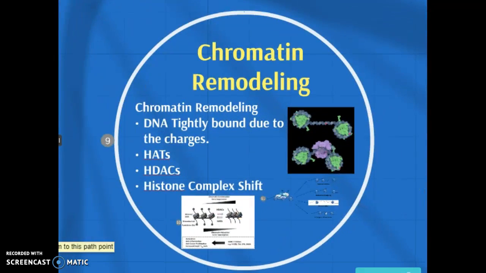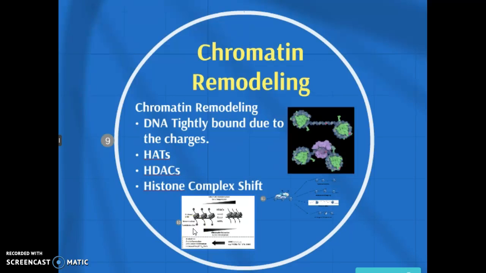Now we can discuss chromatin remodeling. We already are aware that DNA is tightly bound due to the charges found on the histones, positive, and DNA being negative. We discuss here the use of HATs, HDACs, and this histone complex shift.